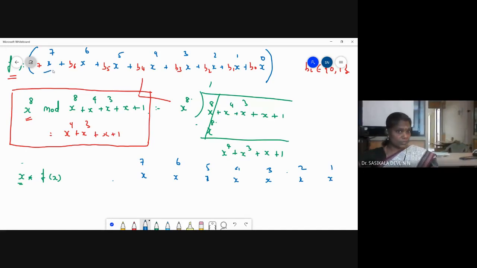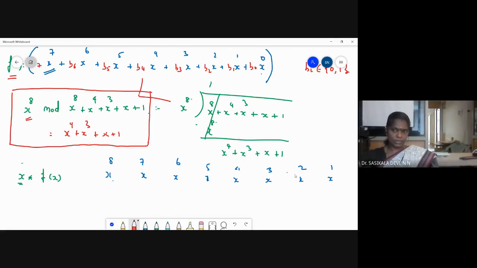Actually, this x power 7 multiplied with x, you will get an x power 8 term also, based on the coefficient. So what will be the coefficient of x power 0? So b0 into x power 0, x power 0 is multiplied with x, so this will be the coefficient of the x power 1 term.